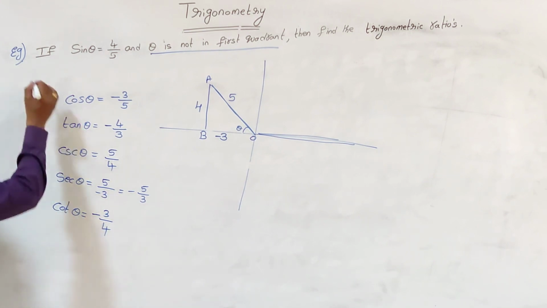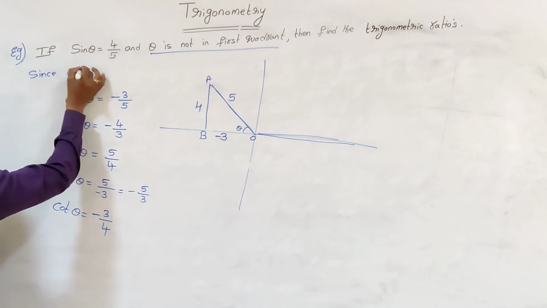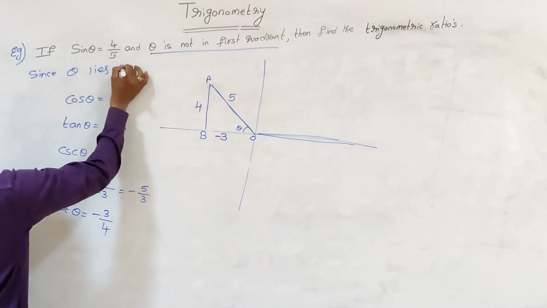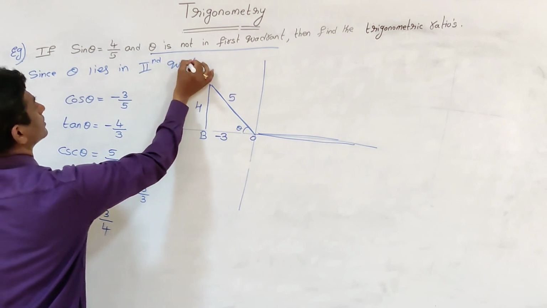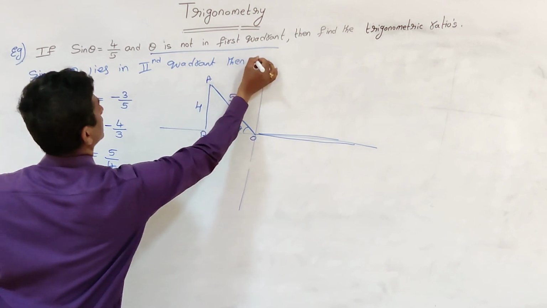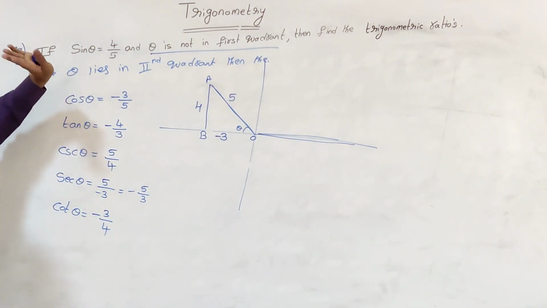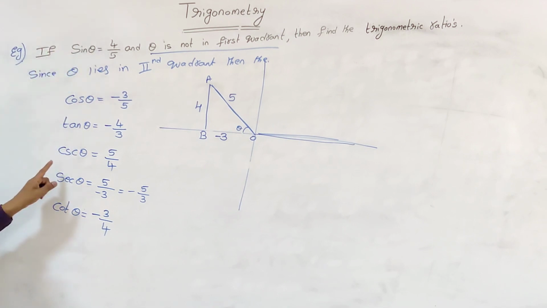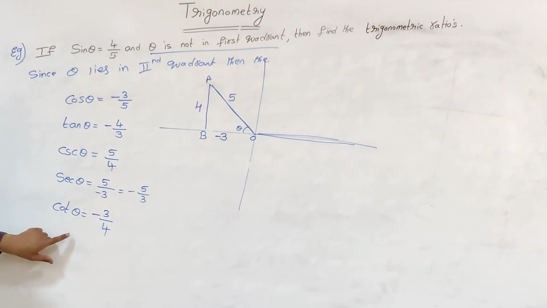Since theta lies in the second quadrant, among the trigonometric ratios in the second quadrant only sine and cosecant are positive. The other 4 trigonometric ratios are negative.